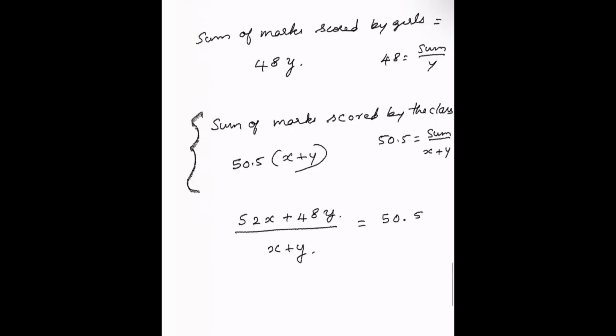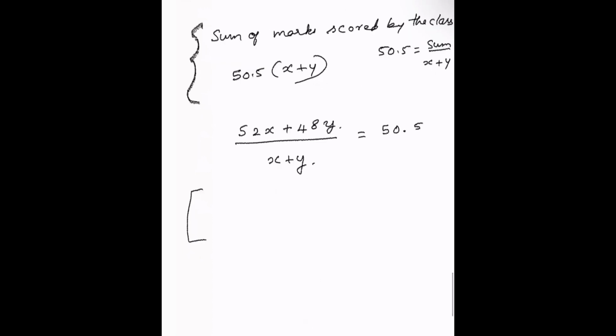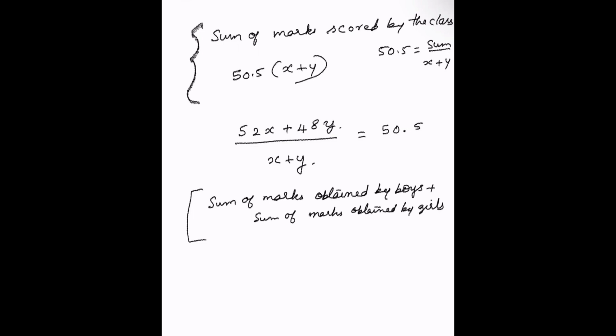It is the sum of marks obtained by boys plus sum of marks obtained by girls, whole divided by number of boys plus number of girls. Don't you think that is equal to the class average?